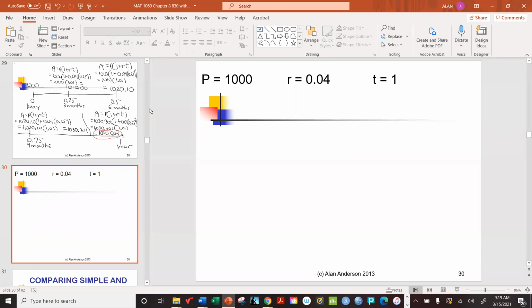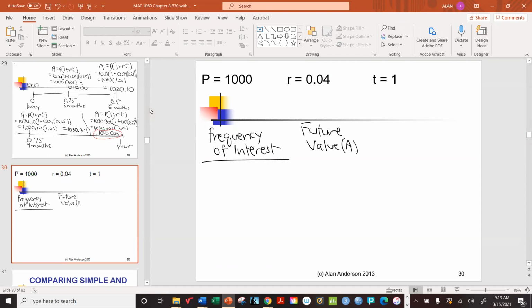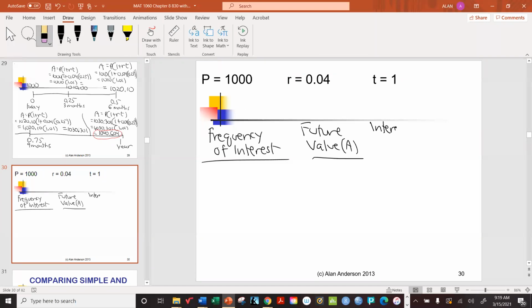How about this? I know I'm going to run out of space. Hold on a second.